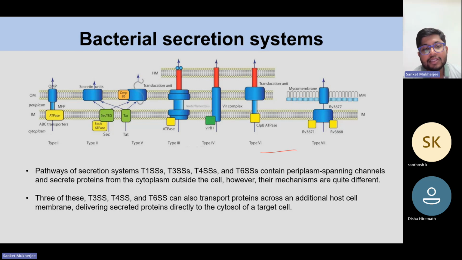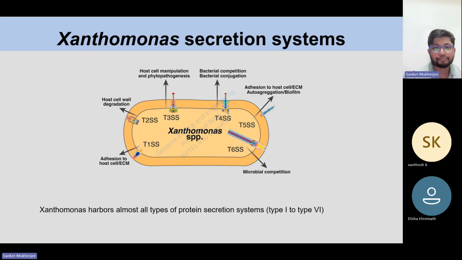Three of these, the T3, T4 and T6 secretory systems, can also transport proteins across another membrane, while the other ones can just get into the periplasm, basically. That's exactly what is written here.